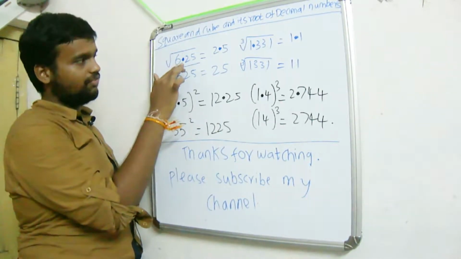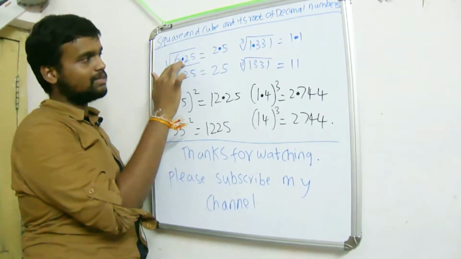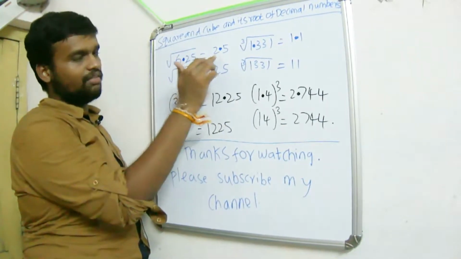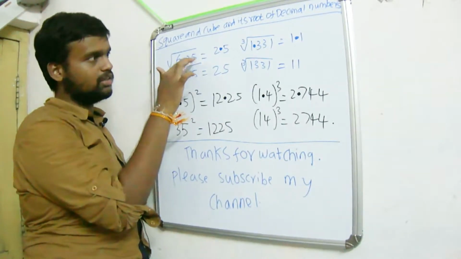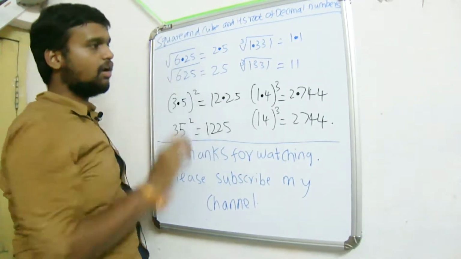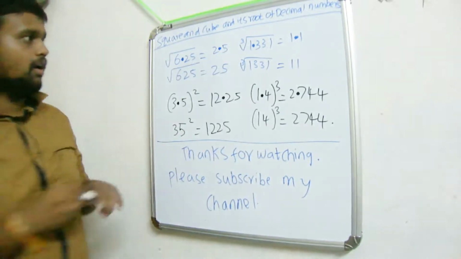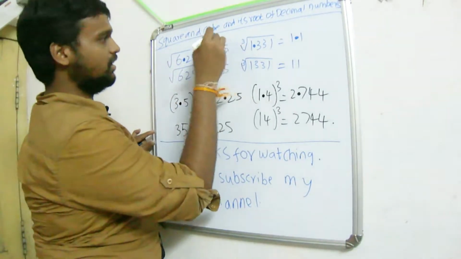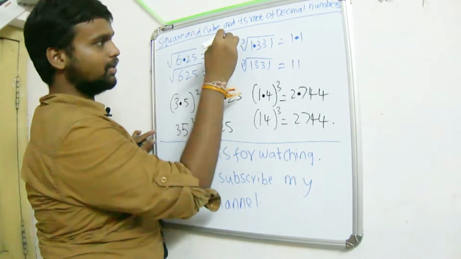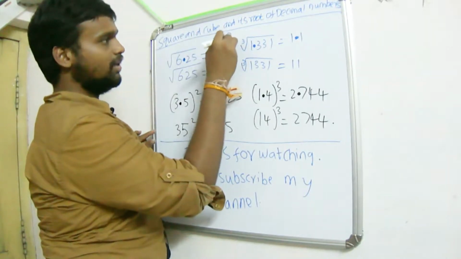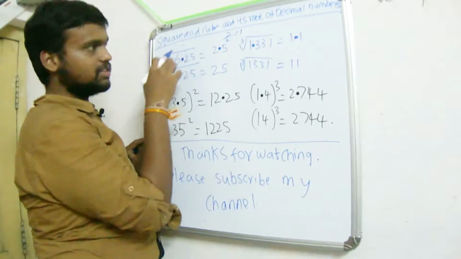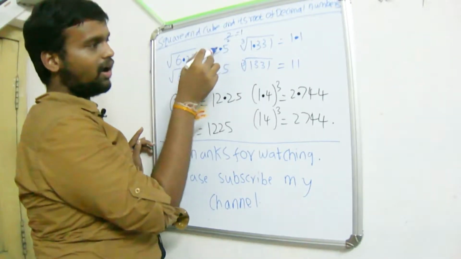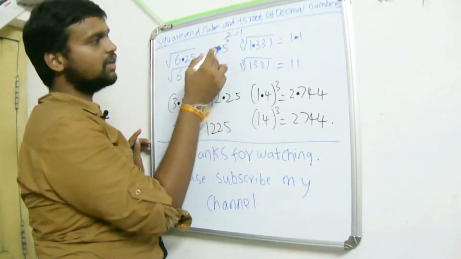For square roots, the number of decimal digits is 2 divided by 2, that is 1. So in the square root of this number, we would have only one digit after the decimal point.